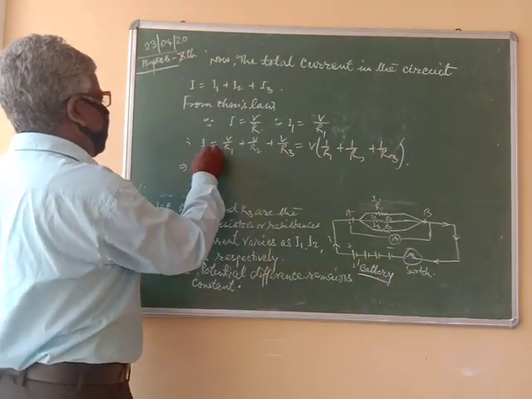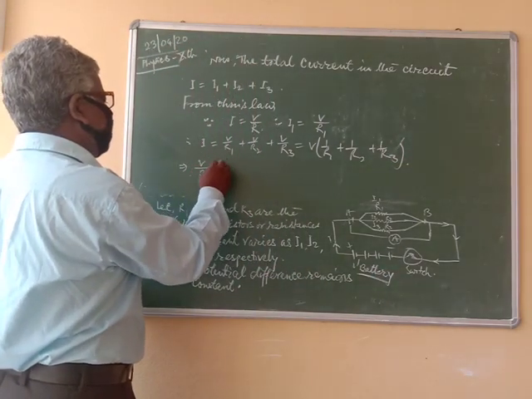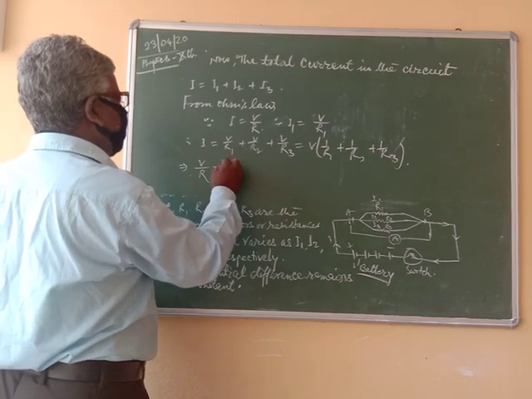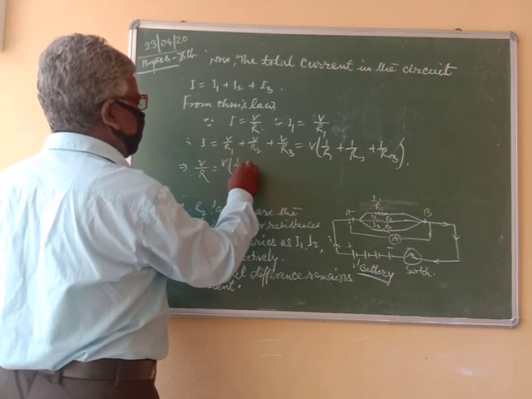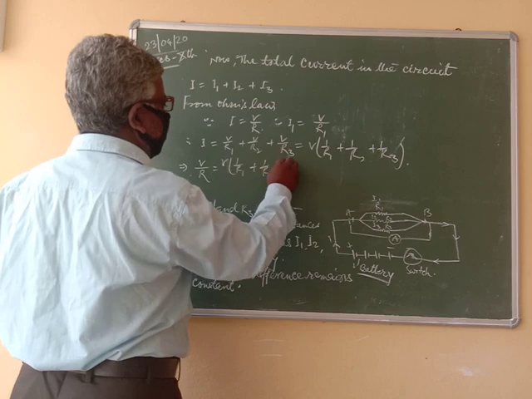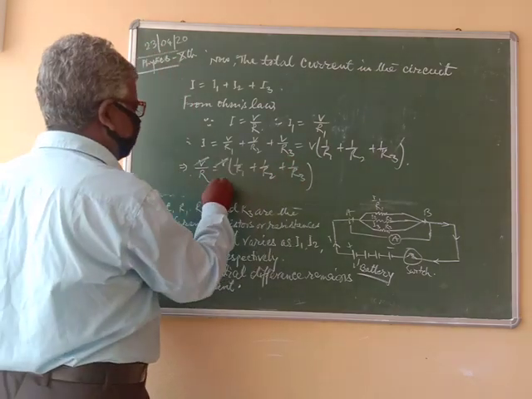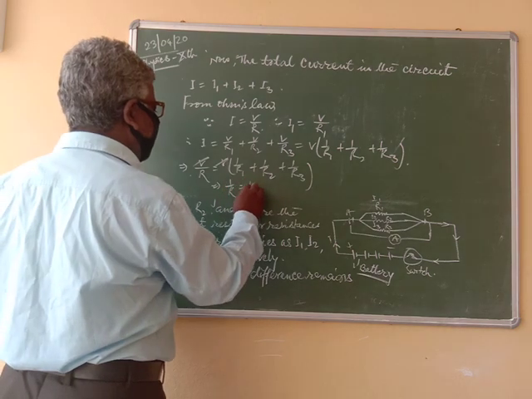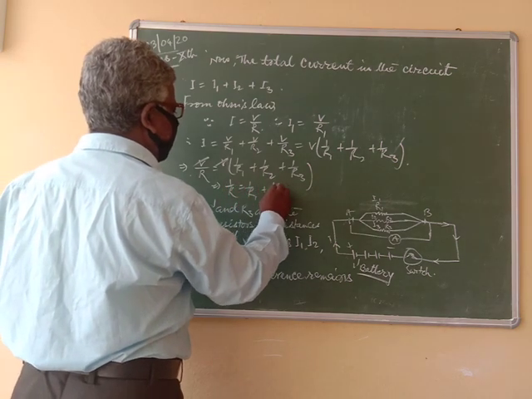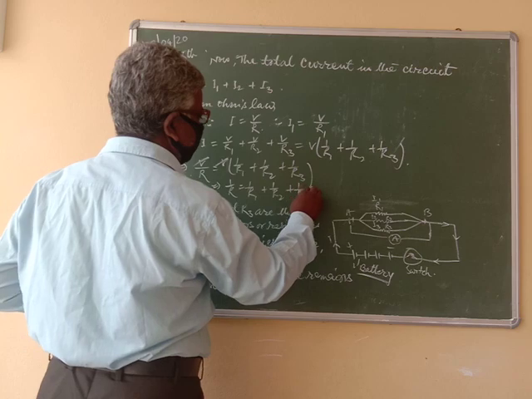That is, 1 by R is equal to 1 by R1 plus 1 by R2 plus 1 by R3.